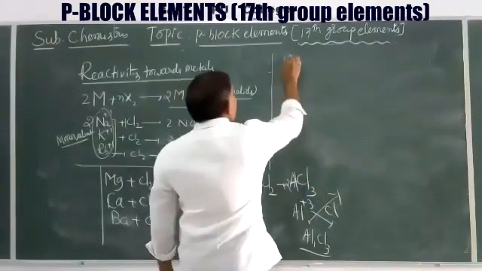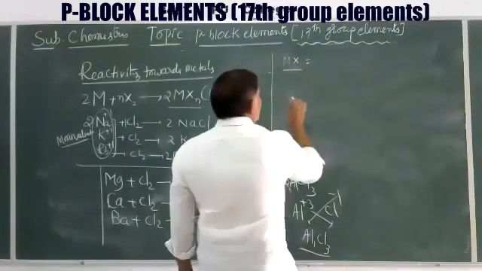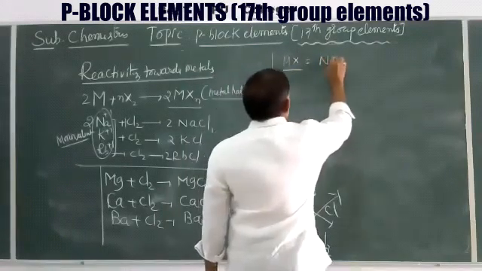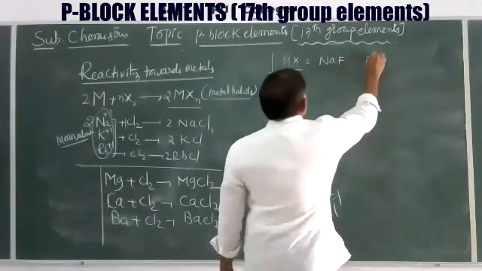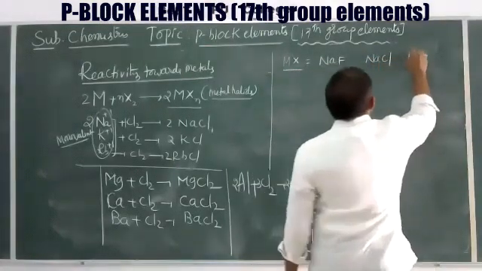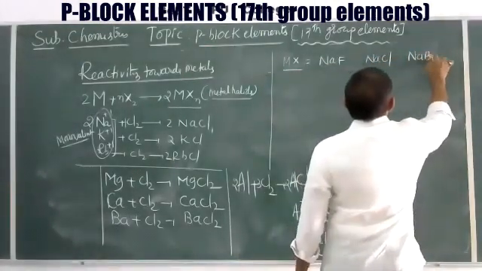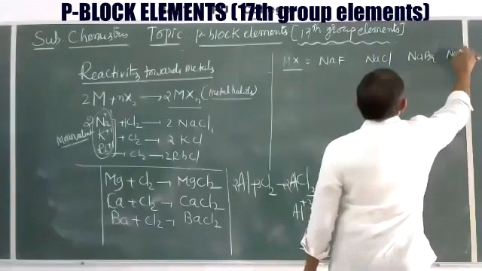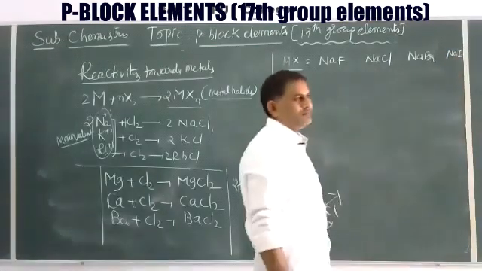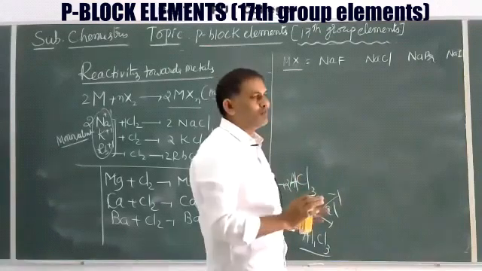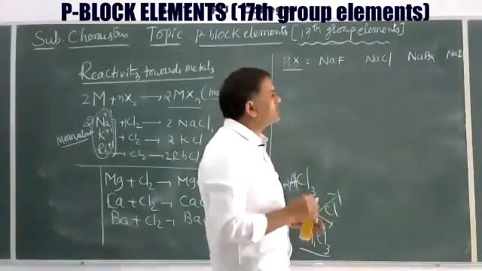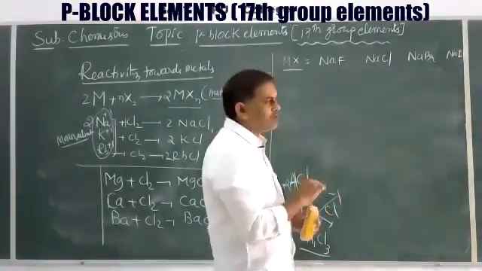Using MX, like monovalent Na: sodium fluoride, sodium chloride, sodium bromide, and sodium iodide, NaI. They will give 4 options in objective or PUC, or the correct order: which is more ionic in nature, which is more covalent in nature.